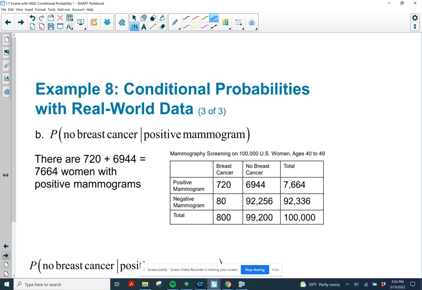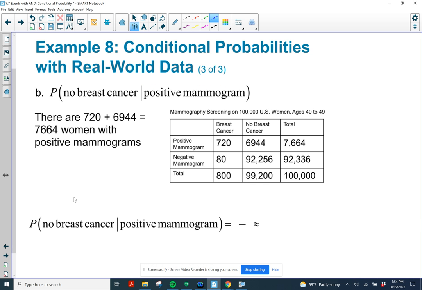So we're going to stay in this sample space right here: positive mammogram. I want to know the probability that she does not have breast cancer given that she had a positive mammogram. The total positive mammograms was 7,664. That calculation has already been done in the table.